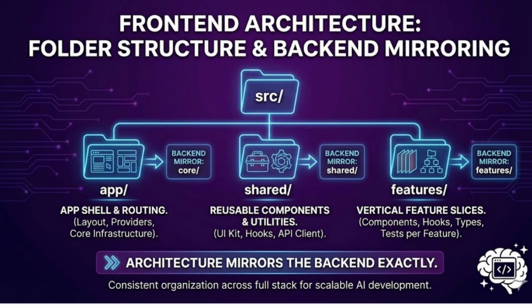The shared directories hold the reusable components and utilities, as we will talk about later in the series. The features hold the vertical slices with all of the components, hooks, types, and tests in one location, exactly as in the back end. Consistent organization across the full stack allows for scalable AI development.